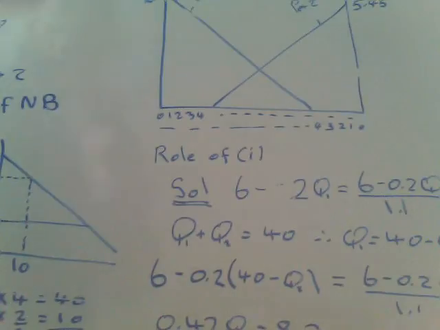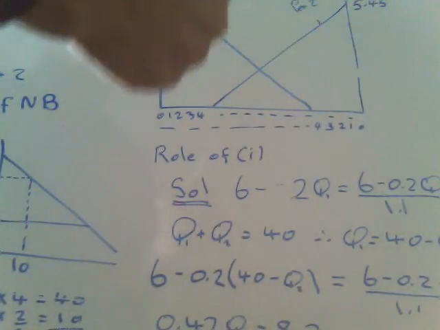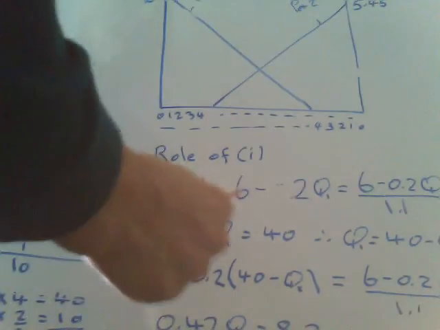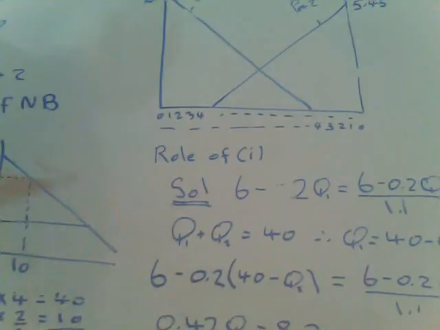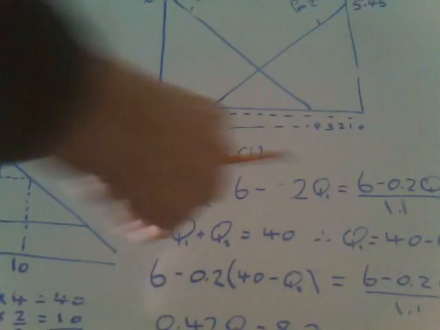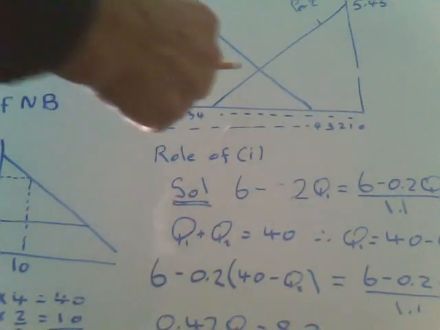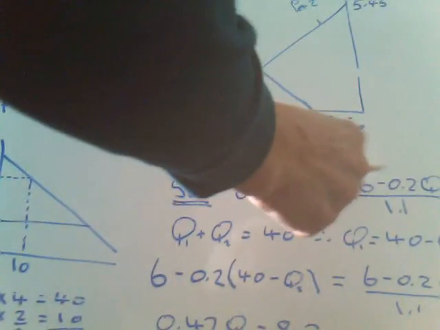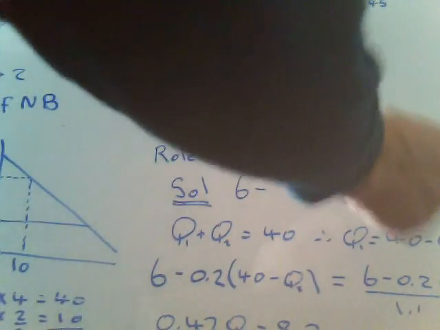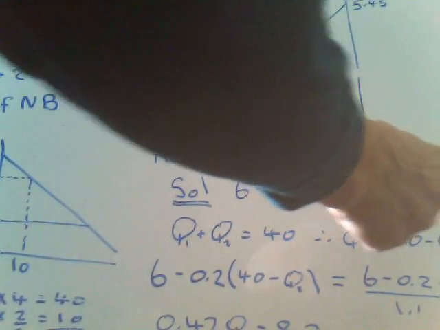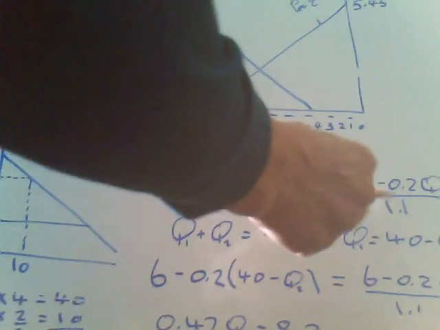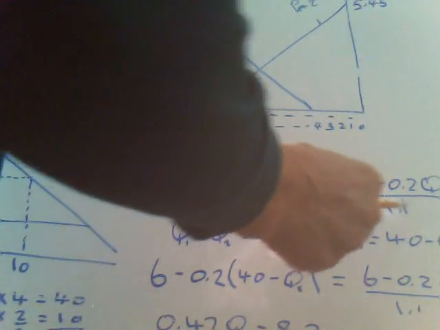So really, it's 10 minus the marginal cost, that's to say the 10 minus the 4. So it's 6 minus 0.2 Q sub 1. What about the second one? Well, the second demand curve is really the first demand curve, which is 6 minus 0.2 Q sub 2, though. And all of that is going to be discounted, and we're going to assume that the discount rate is 1.1.